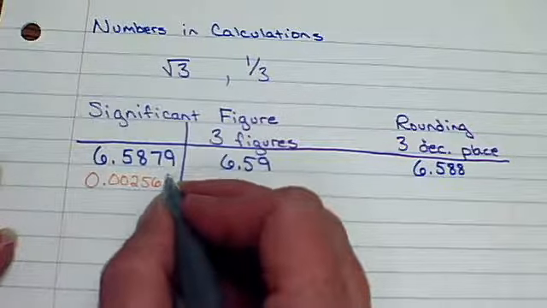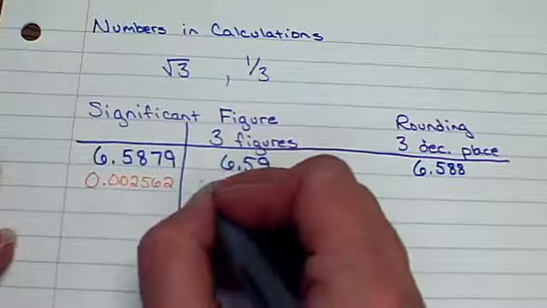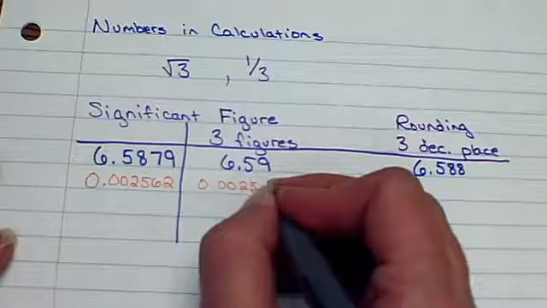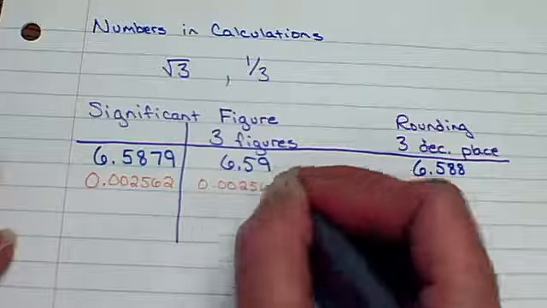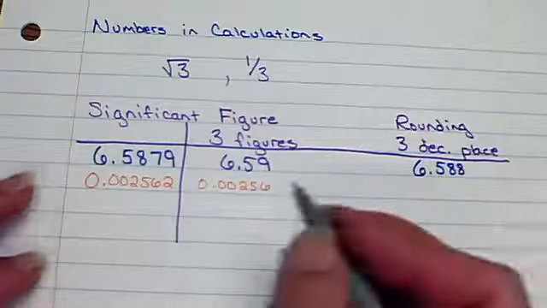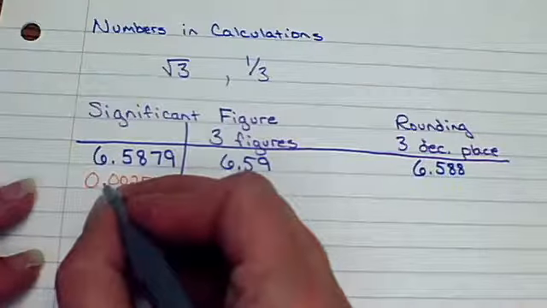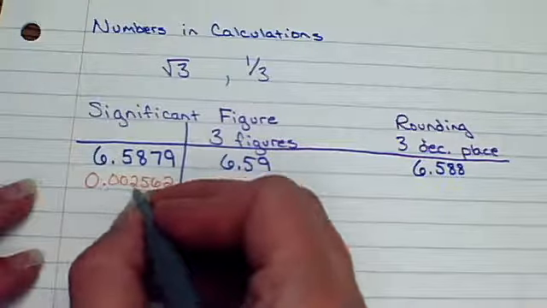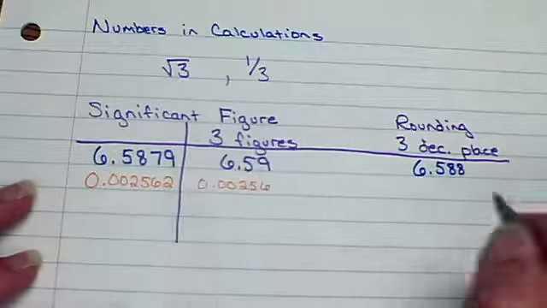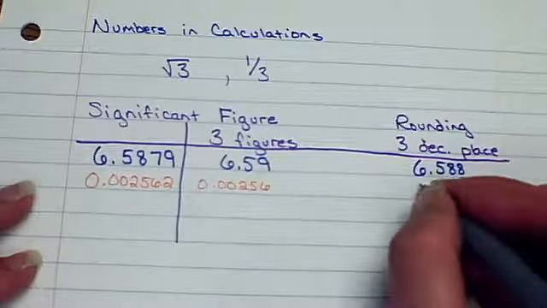So we're going to cut off right there. So that's going to give me 0.0025, and then I'll look to see if I round up or leave it. Leave it. Compare that to 3 decimal places. 3 decimal places, I count from the decimal 1, 2, 3. So this would be 0.003. Do you see how that's a big difference there?